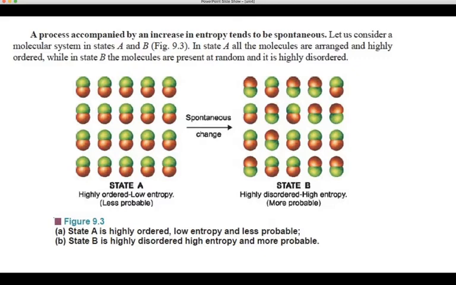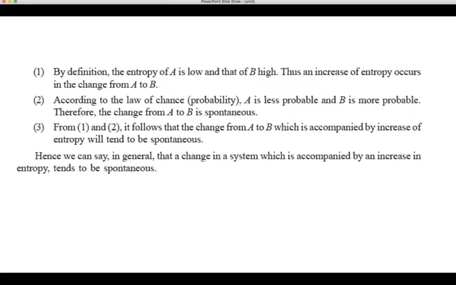In state B, molecules are randomly organized, so there is less organization and no particular order. State A is highly ordered, low entropy, and such possible compounds are very few. State B is highly disordered, so the higher the randomness, the higher the entropy and the higher the probability of that compound.